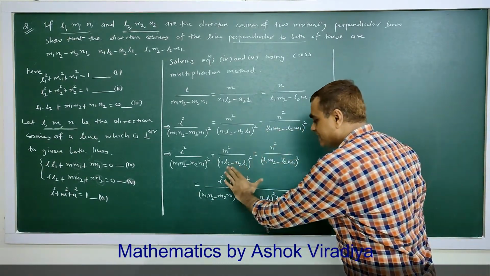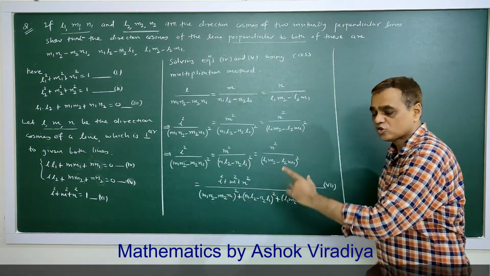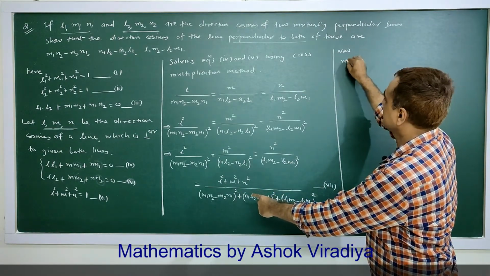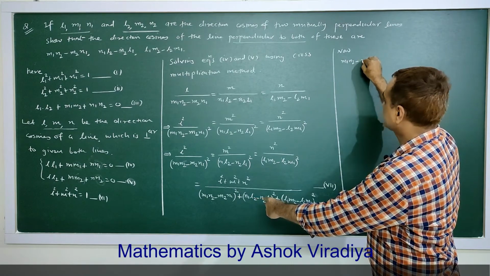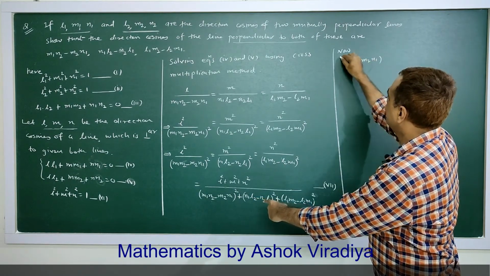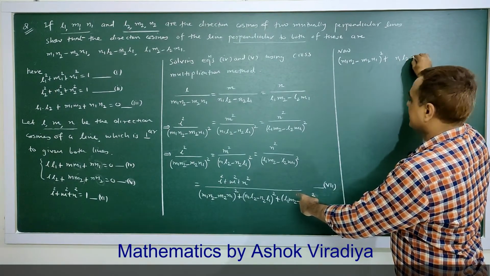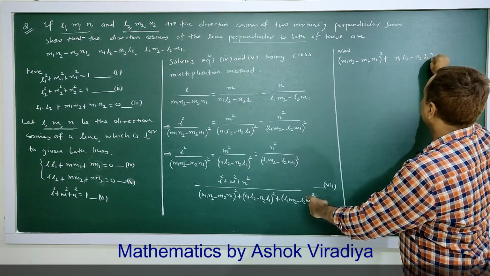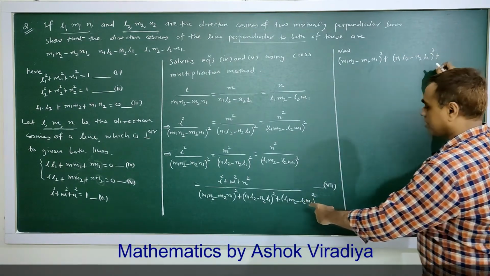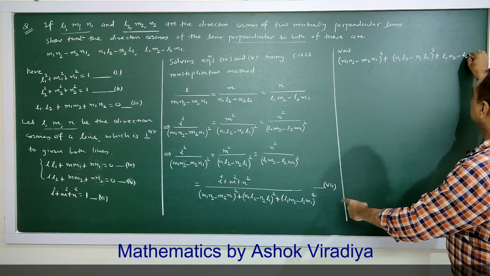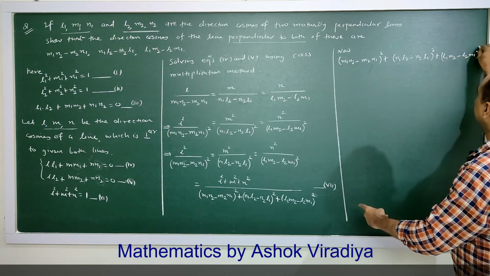And what is the denominator? The denominator can be expressed as (M1 N2 minus M2 N1) whole square plus (N1 L2 minus N2 L1) whole square plus (L1 M2 minus L2 M1) whole square.